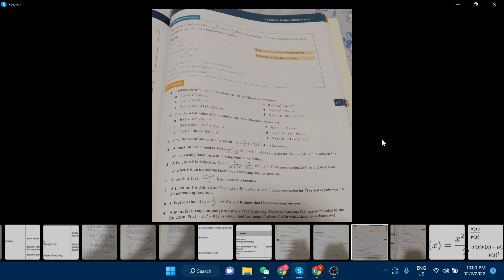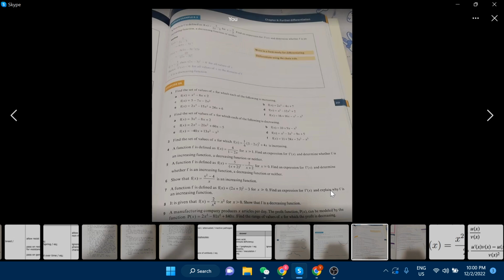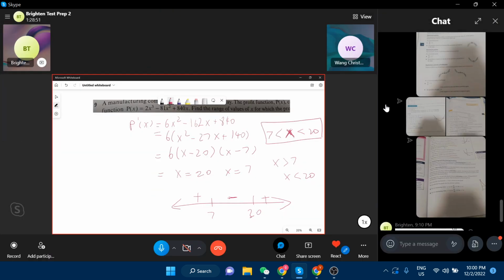Okay, so is it between 7 and 20? Yep. Okay. Did you get the final answer? Because they're asking what is the range of values for which profit is decreasing. Range of values of x. So when you tested the points, it should be negative between 7 and 20.